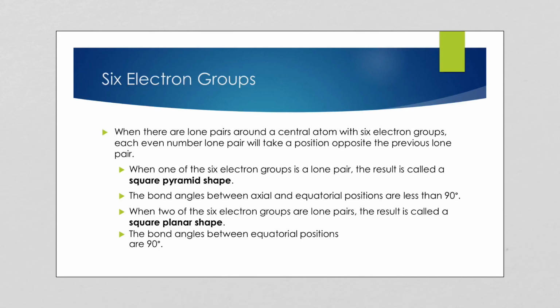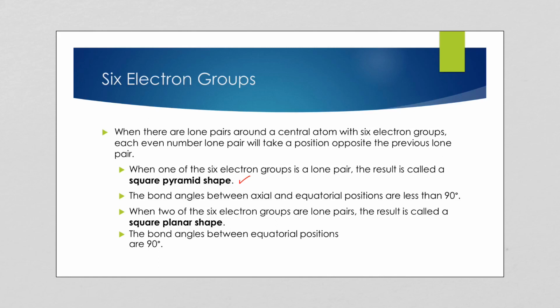Okay, and finally, what if we have 6 electron groups? Well, maybe surprisingly, there's only 2 geometries that we can get out of this with lone pairs. If you have 1 lone pair, we get what's called a square pyramid. And the bond angles are going to be less than 90.